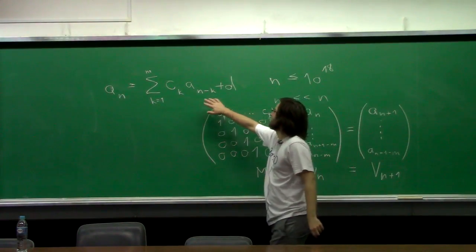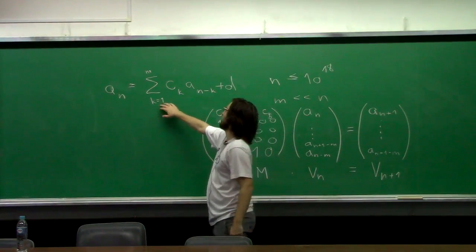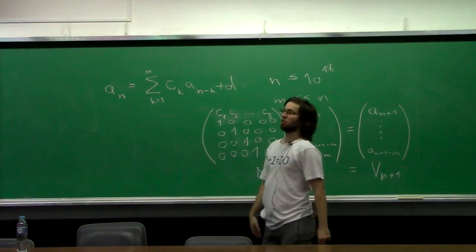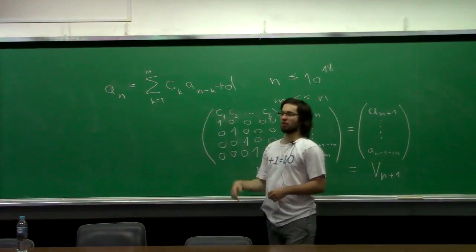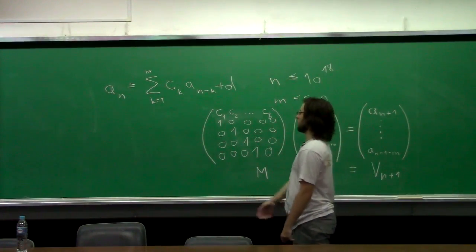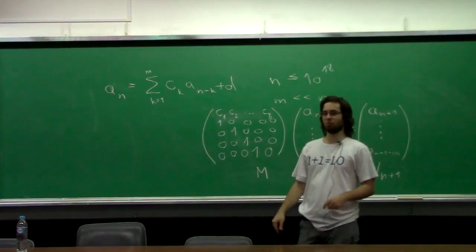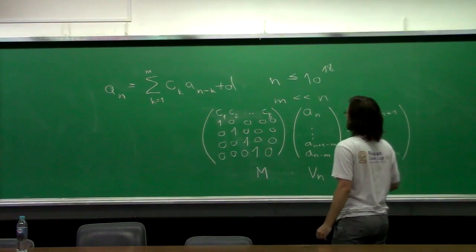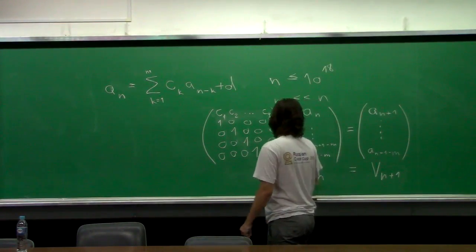Nasty in that we can't express it by modifying this original sum, because this sum always has every term multiplied by an element of this sequence, and d isn't multiplied by any element of this sequence, it's multiplied just by 1. So we need some different way to do this, and it's done by extending.